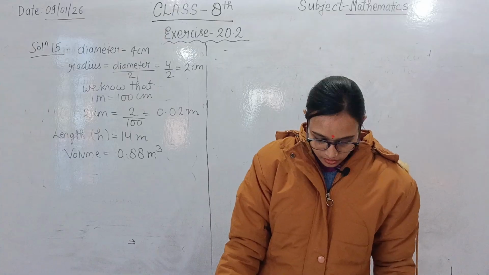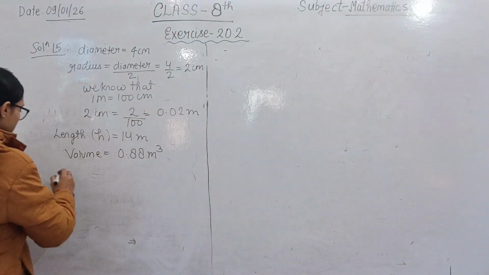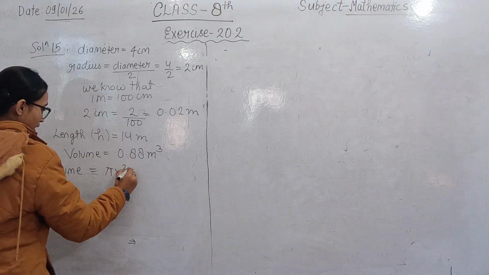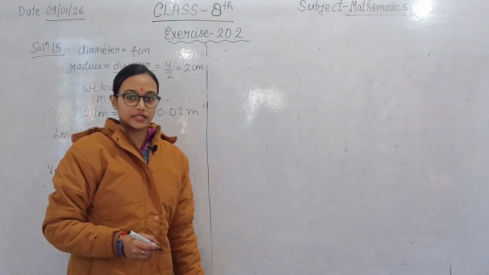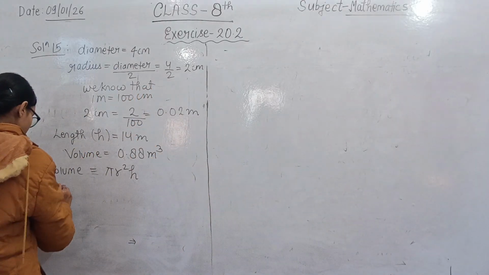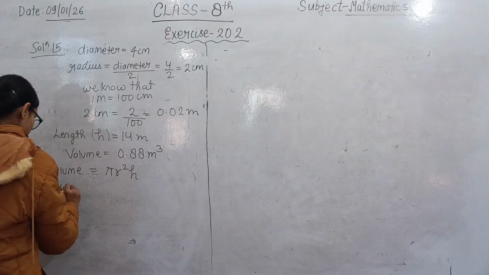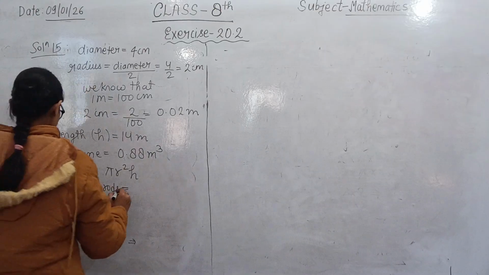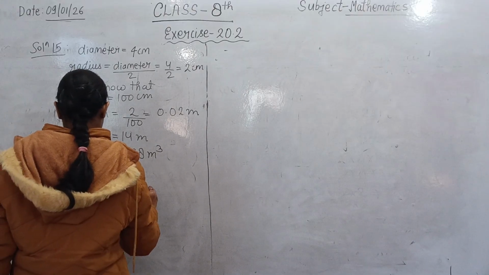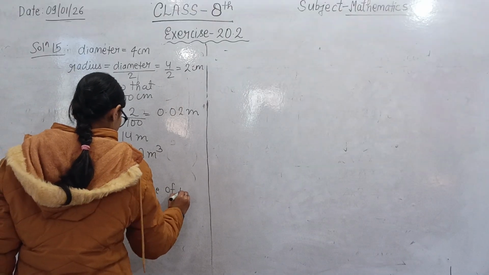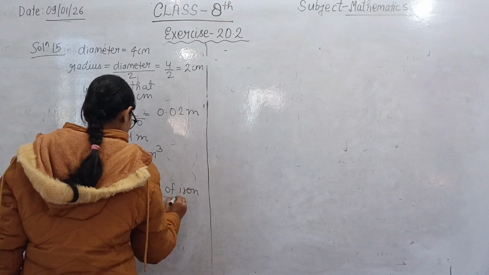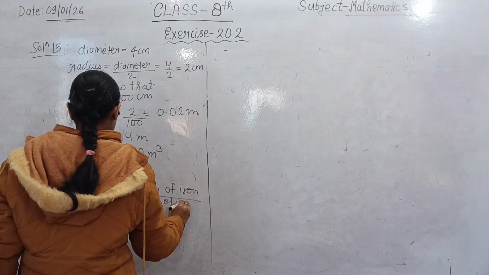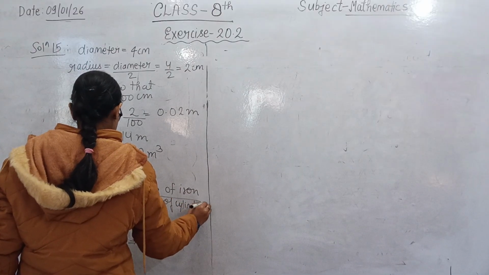Now we know that volume is given by pi r square h. We have to calculate the number of rods. So the number of rods is equal to the volume of iron divided by the volume of a cylinder.